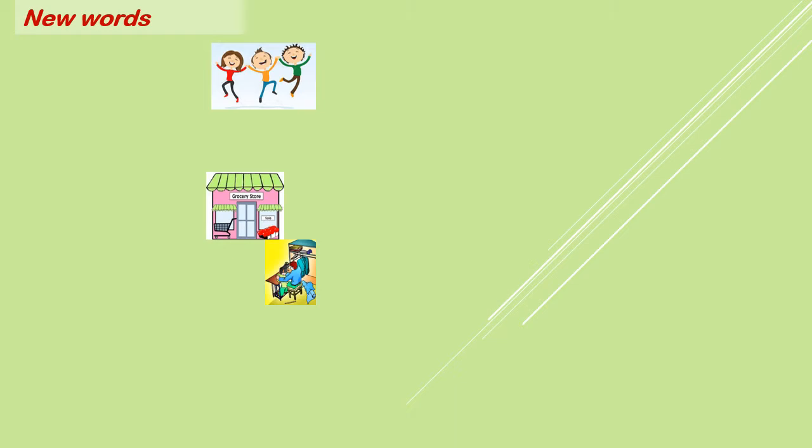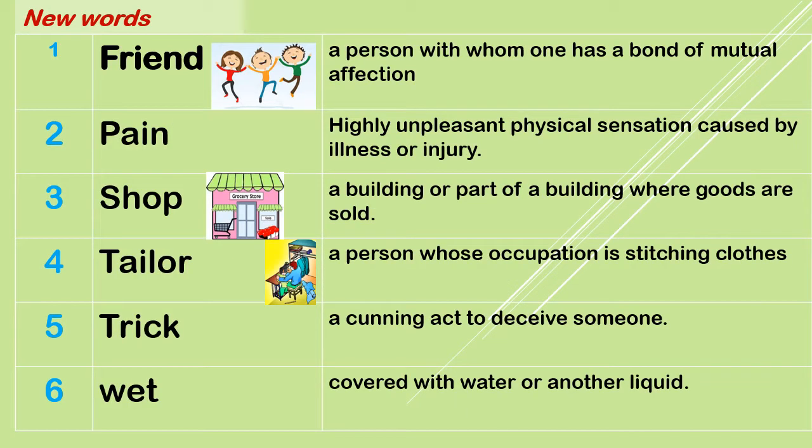We have come across a few new words, children. Let us try to see these new words and understand them. The first one is friend, a person with whom one has a bond of mutual affection. For example, we have a lot of our friends in the school, right?